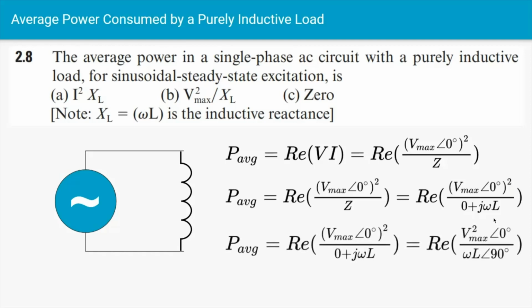Now if we work that a bit further, we can convert that rectangular form to a phasor form. So we get omega times L, the inductance, with an angle of 90 degrees.